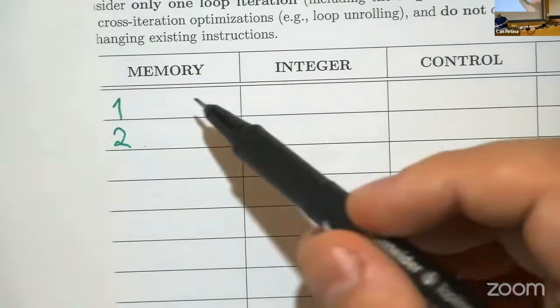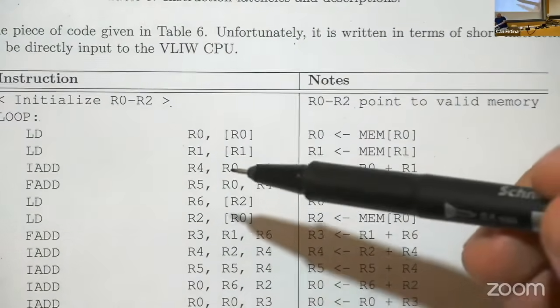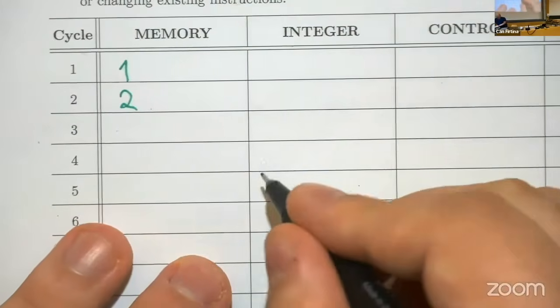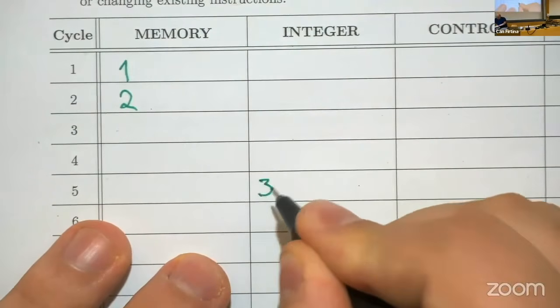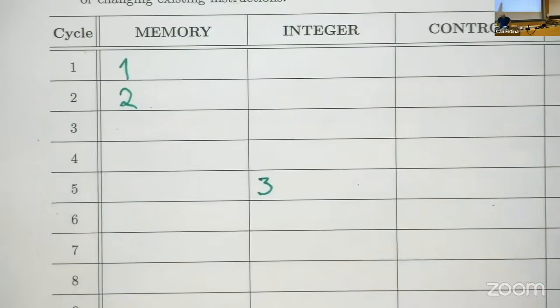Because we want to use both values, the earliest that we can schedule this third instruction is precisely cycle 5, when the second load becomes available.